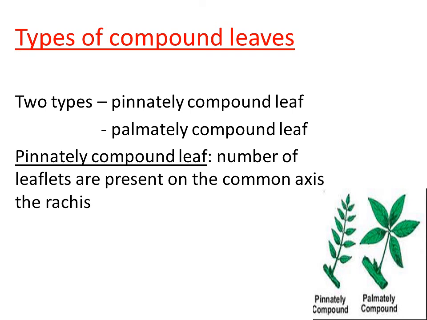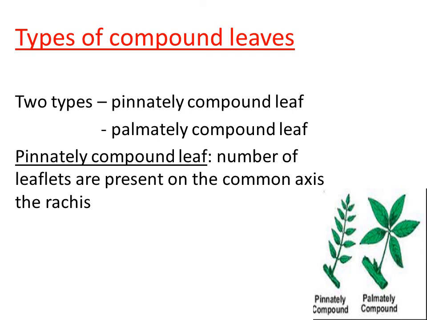From the rachis, a number of leaflets arise, right? The leaflets are present on the common axis, the rachis. Such a type of compound leaf is called a pinnately compound leaf. In the neem leaf and the curry leaf, we can observe this kind of arrangement of leaflets. The leaflets are attached to the common axis called the rachis. Such a compound leaf is called a pinnately compound leaf.